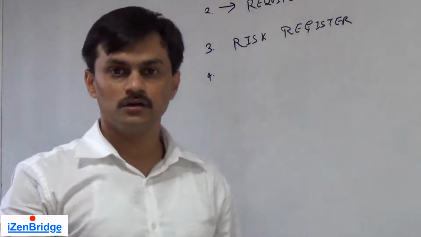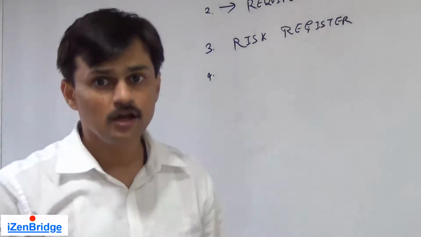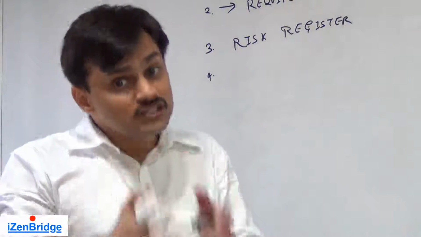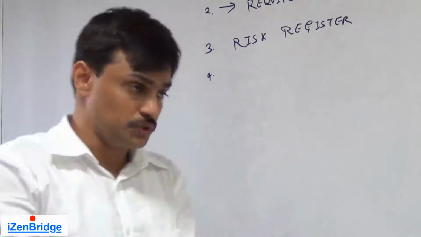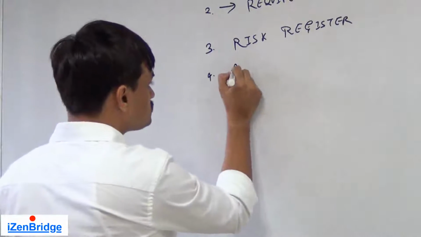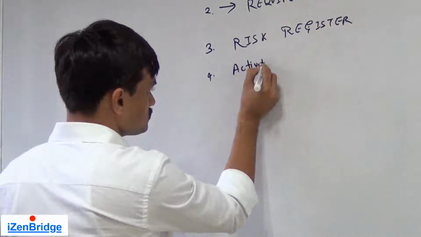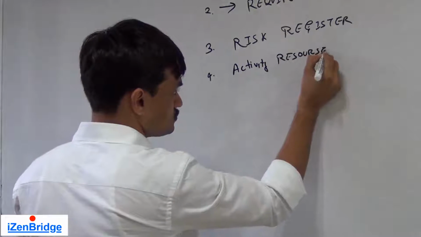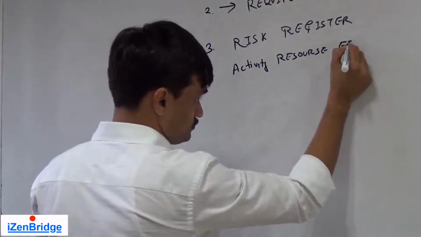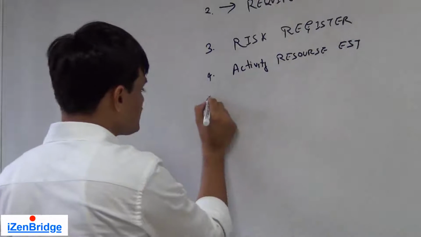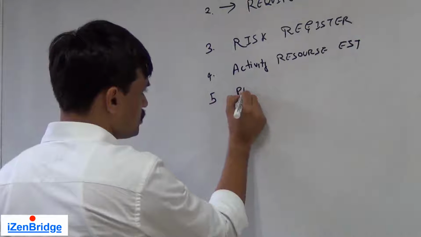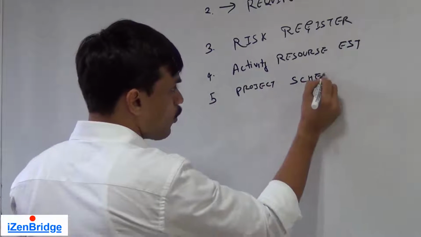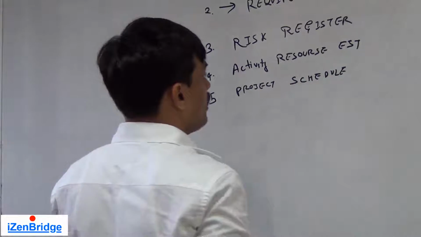Let's talk about time related things. We need to know activity resource requirements, activity cost estimates and the project schedule. Now you may think, why do we need them?